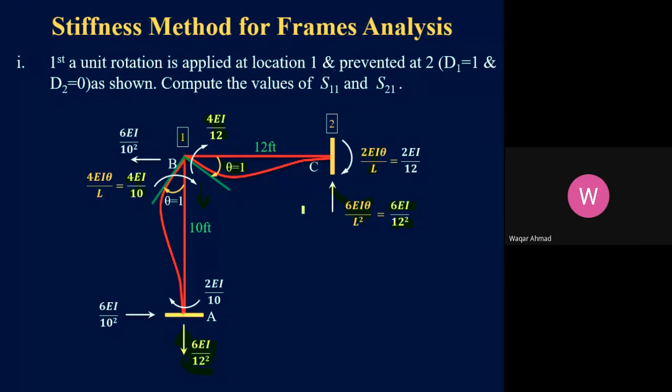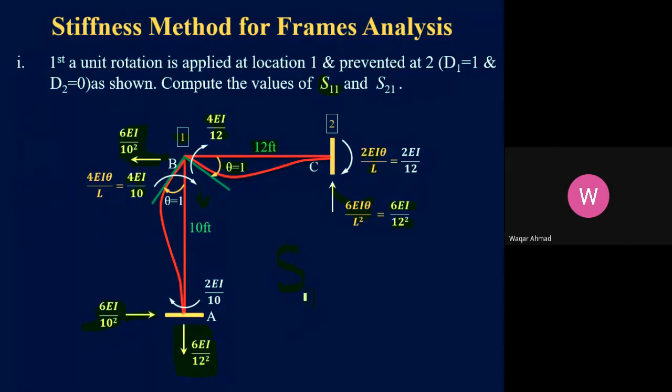Okay, now how can I pick my values, S11 and S21? The first coefficient will be S1 and 1. Why 1? This first one is showing this location 1. It means that it is the location where you are going to find out the fixed end action, where you are going to take those fixed end actions.